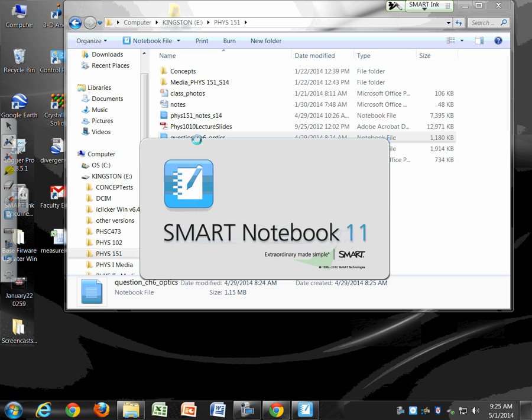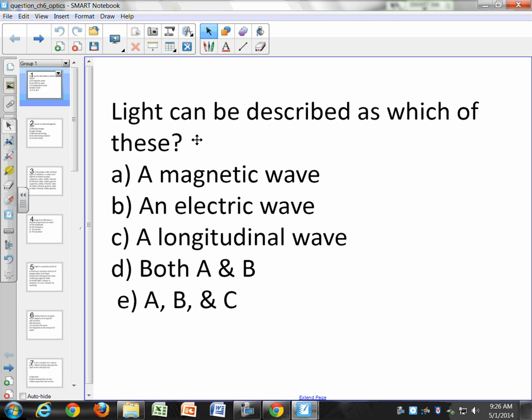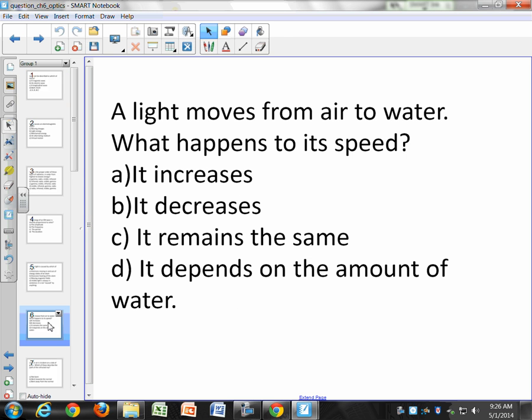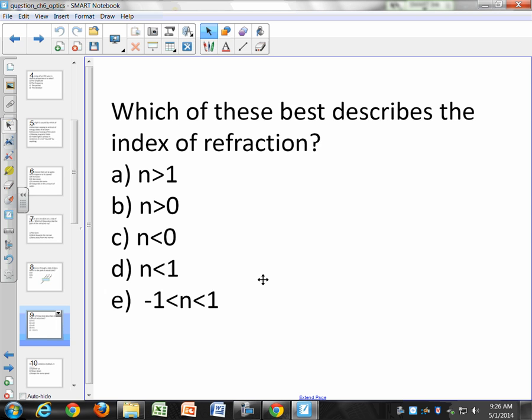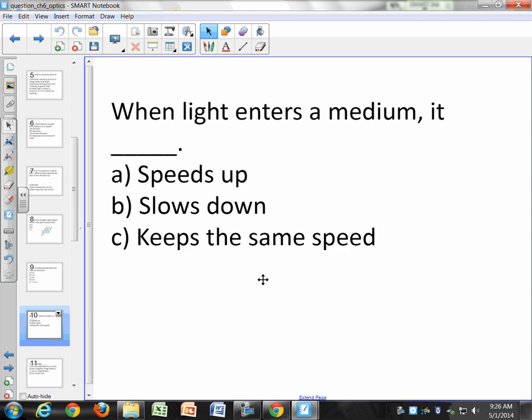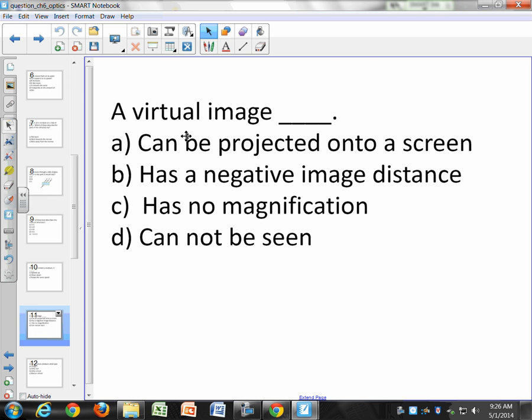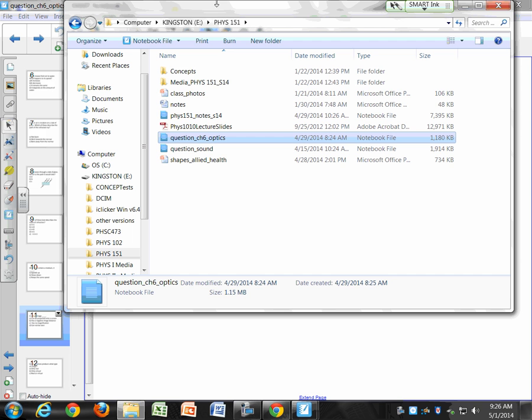See where we left off last time. I think we left off when light enters a medium, it slows down. Does anybody verify that? I think this was our last one. Okay, so a virtual image.